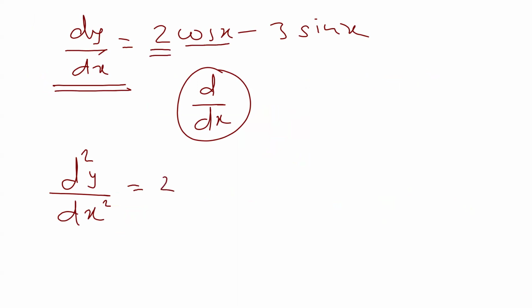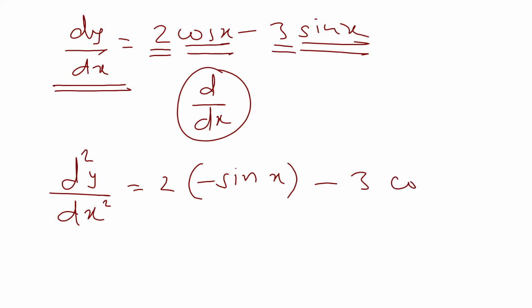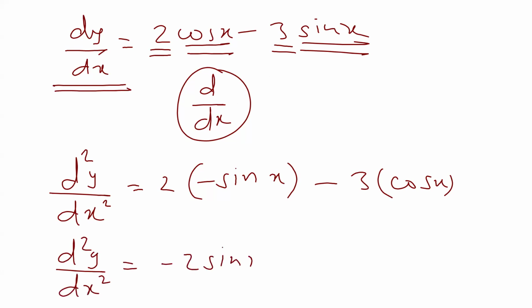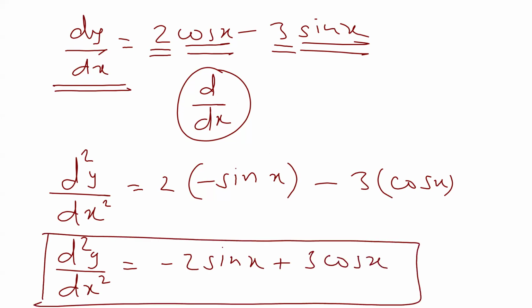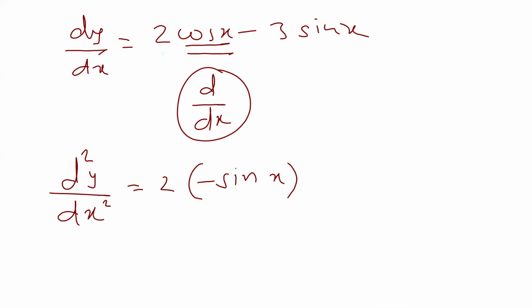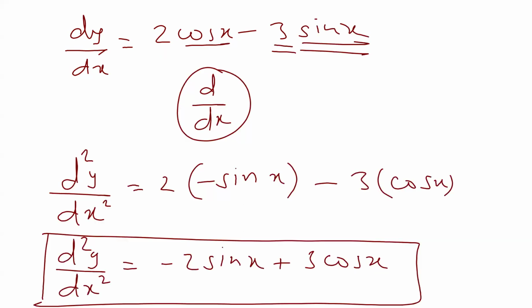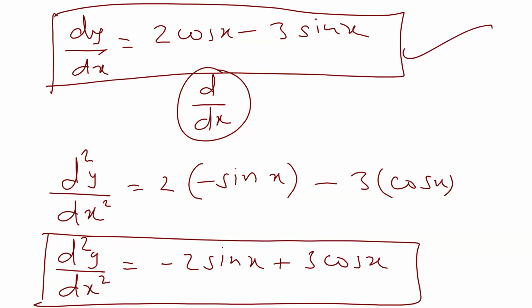Cos x derivative is minus sin x, and 3 is a constant. Sin x derivative is cos x. So d square y by dx square is equal to minus 2 sin x plus 3 cos x. So we got the second order derivative, and we also have the first order derivative, that is dy by dx. We have both.